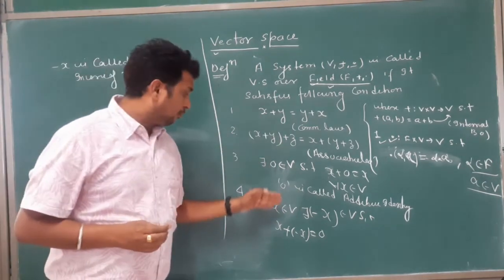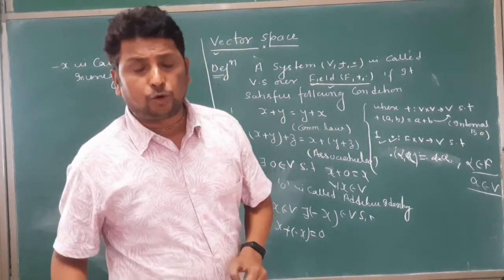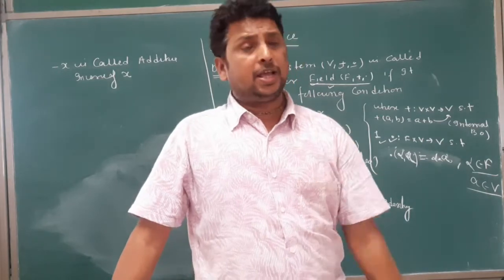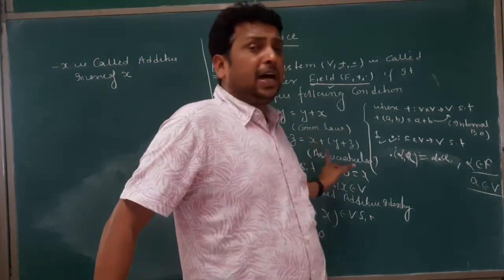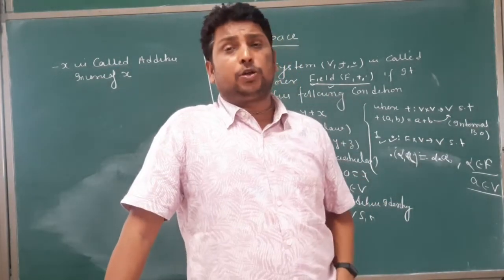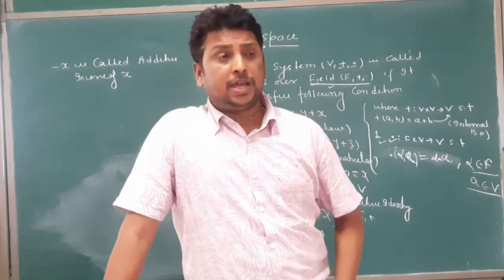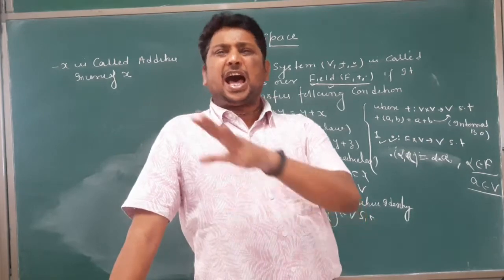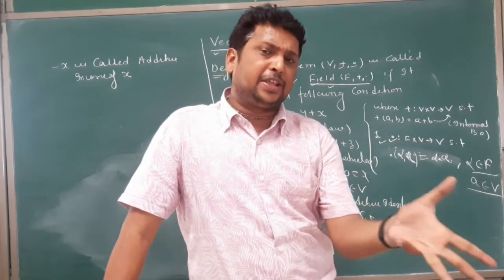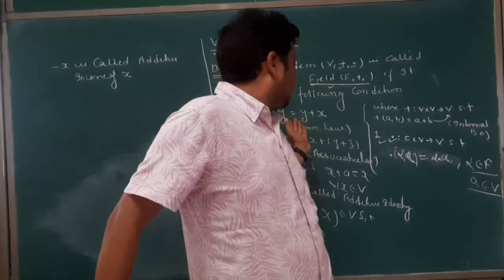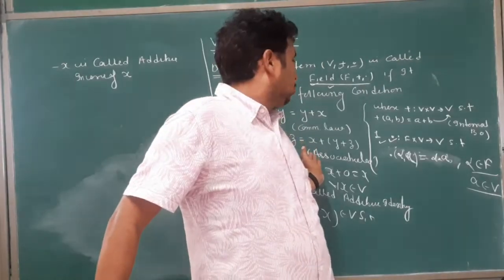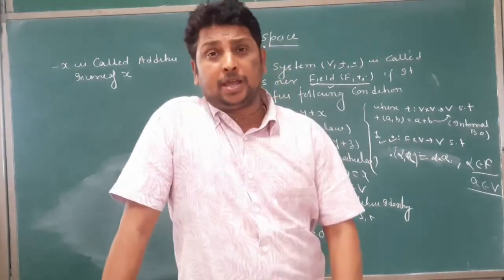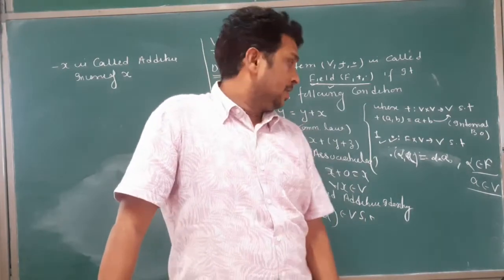So these four properties you already went through in class 9th. First is called the commutative law, and the associative law is always satisfied for addition, because it is an operational property. So plus always satisfies the commutative property and associative property, because these properties are based on the operation and addition always satisfies them.